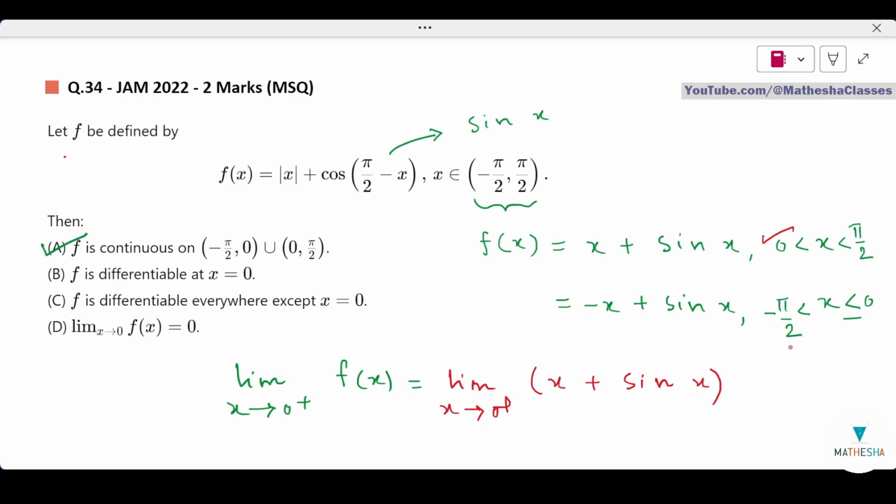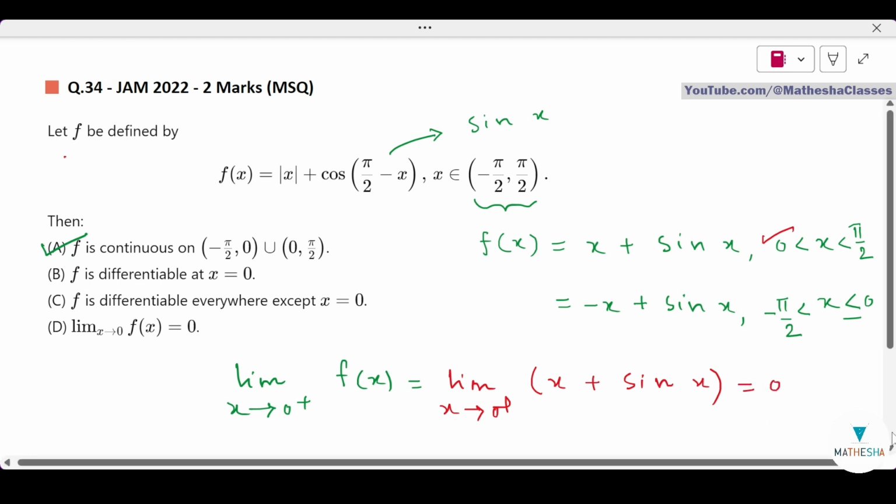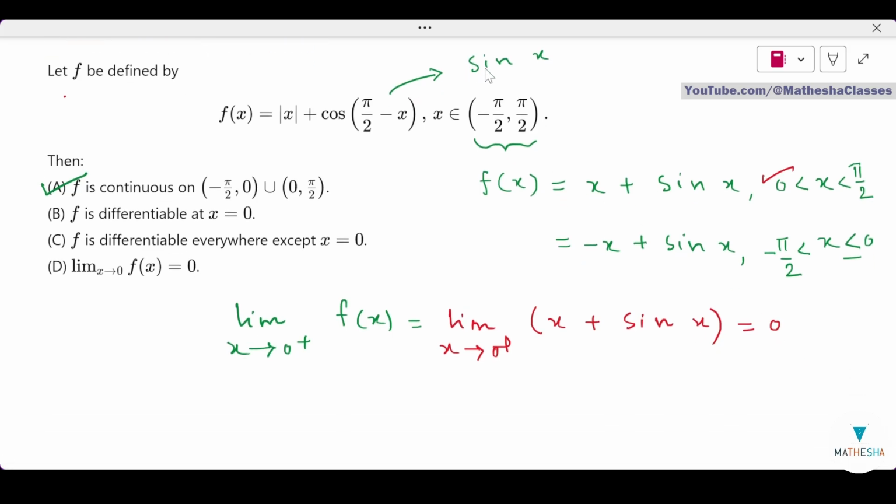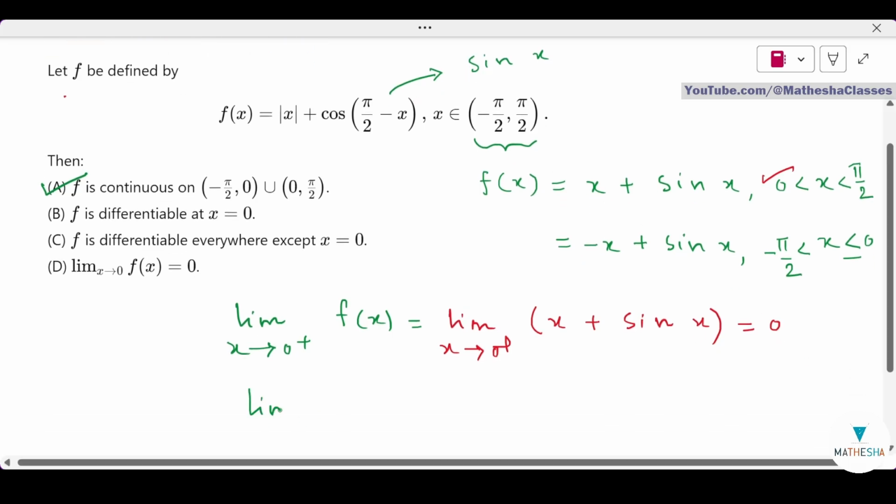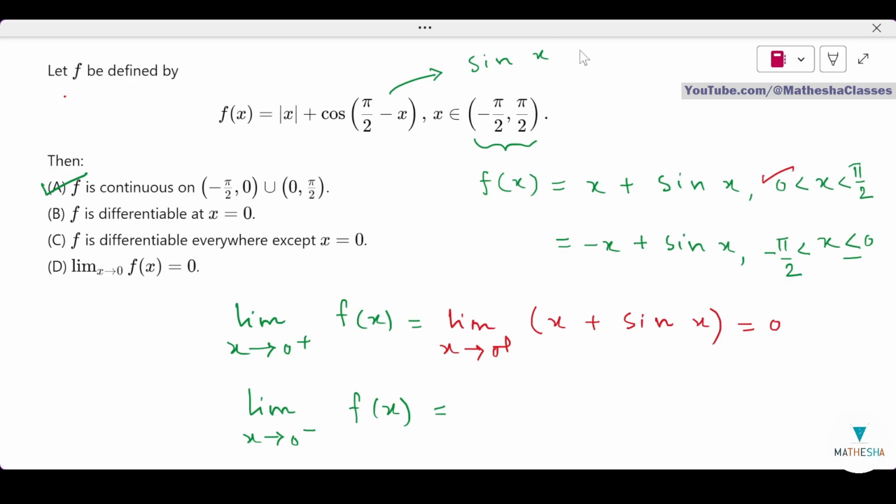So if you put x equal to 0, you will be getting 0. Similarly, if you calculate the left hand limit, you are supposed to use this formula of f(x). So that will turn out to be limit x tends to 0 minus of minus x plus sin x.